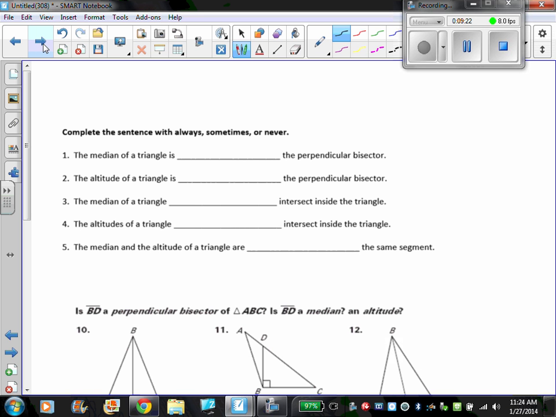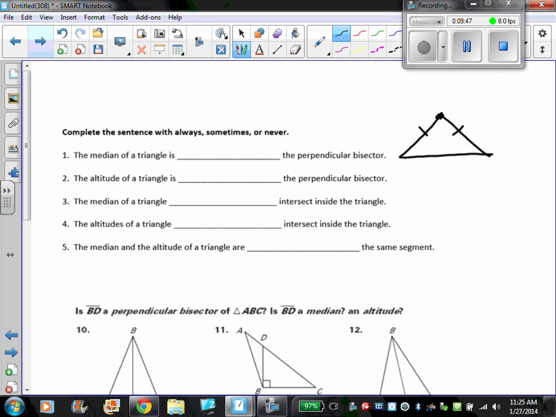Well, the answer to this one we can figure out by trying to investigate some triangles. For example, if we look at an isosceles triangle, let's say that we want to make the median from this vertex up here.